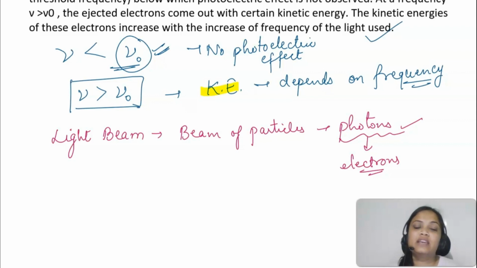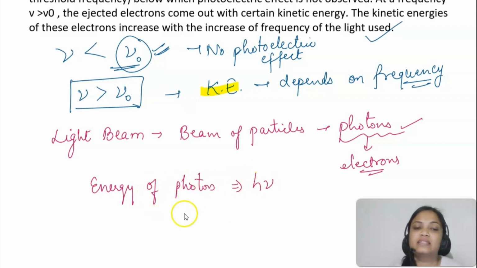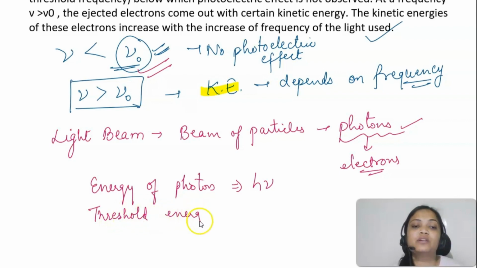Okay, so let's say the energy of the photon is h nu, and you know the minimum frequency required is nu naught. So the threshold energy, meaning the minimum energy required to eject the electron, is h nu naught.